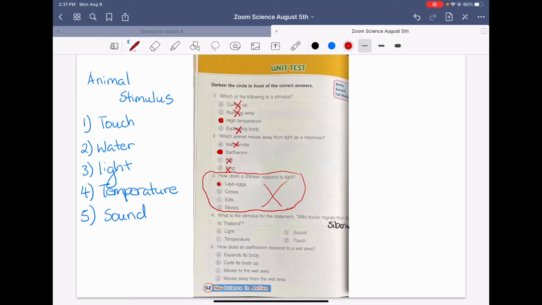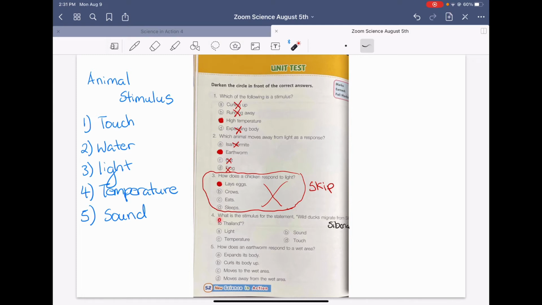This one doesn't matter too much because we didn't learn it, so we can just skip. Our book doesn't say how a chicken responds to light, but the correct answer is lays eggs.